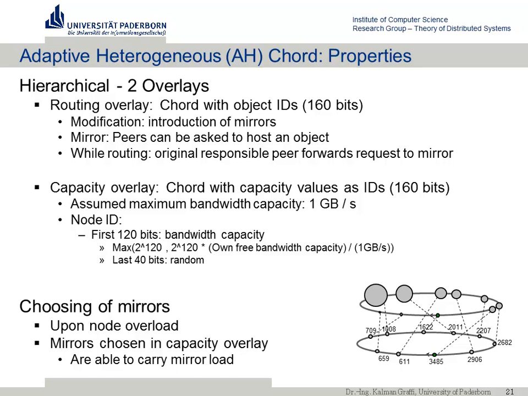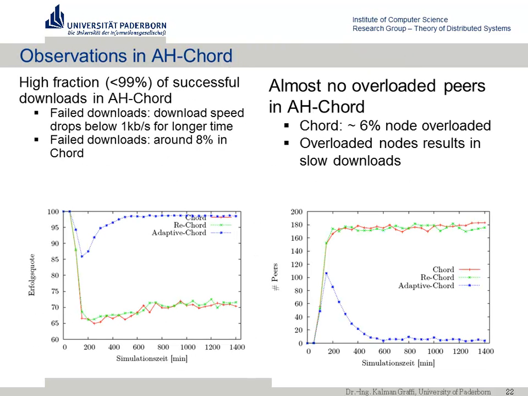The picked mirror can then adjust its node ID in the capacity network. So you always basically have an ordered list of the capacity of the nodes in the network, and you can directly search for specific nodes with specific capacities, which you later use as a mirror. So very clever.